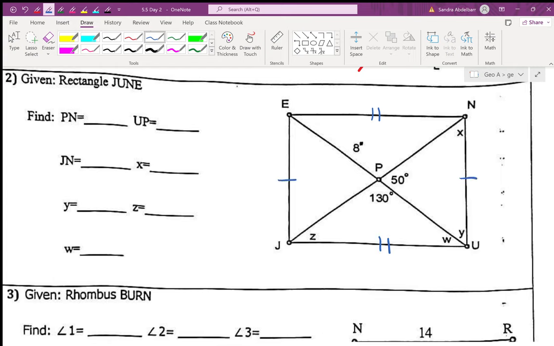What else do we know about a rectangle? Excellent. In a rectangle, all angles are right angles. There's also something else, and when we were marking up all the properties of a rectangle, I had marked something and I said, this is the telltale sign that this is a rectangle.